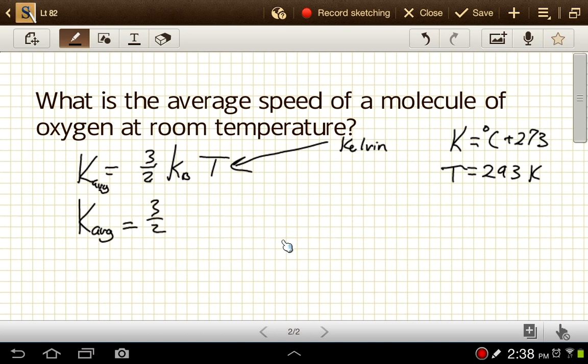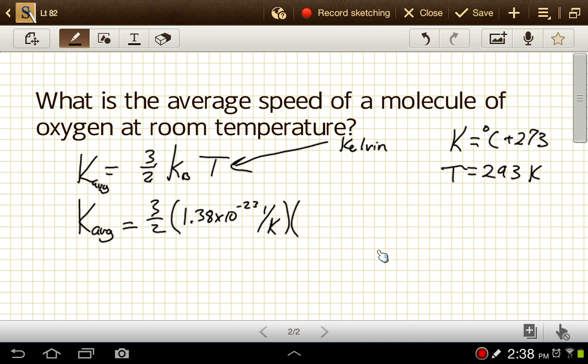So our average kinetic energy, I forgot to write average to begin with, is going to be 3/2 times the Boltzmann constant, which is 1.38 times 10 to the negative 23rd. The units there are a little weird.